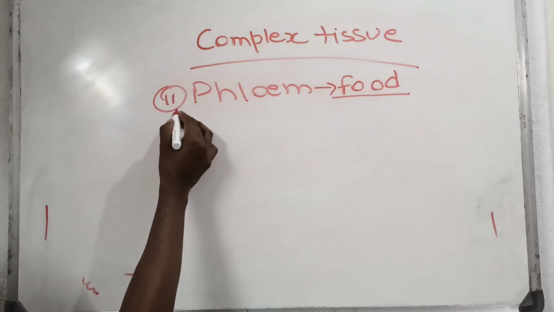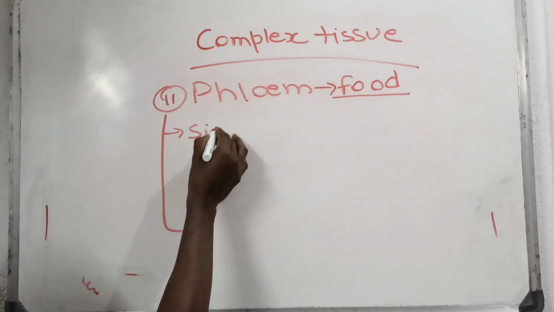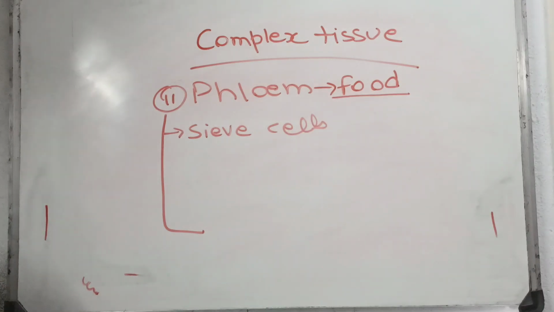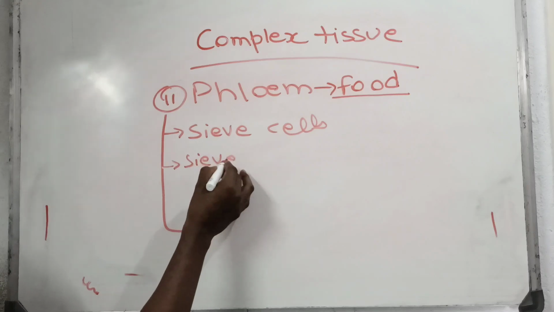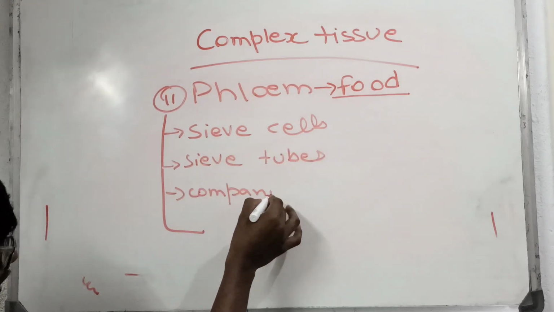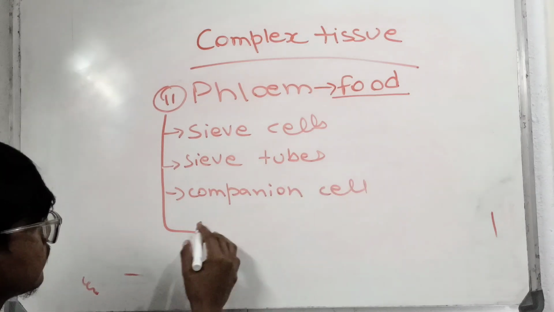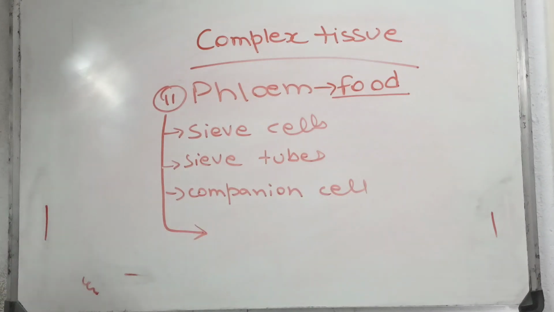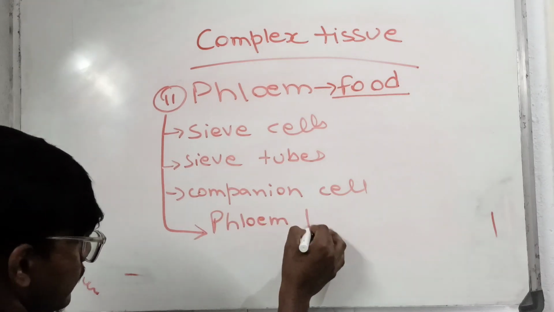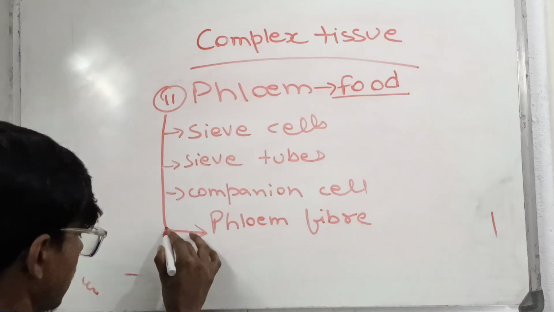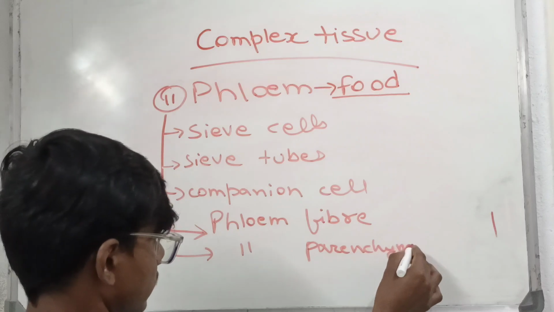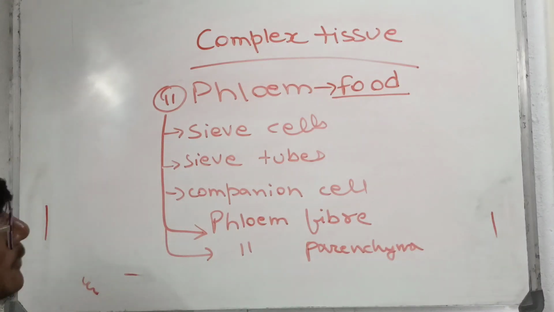First is the sieve cells, sieve tubes, companion cell, then phloem fiber, and last is the phloem parenchyma. So these are the five types of the phloem.